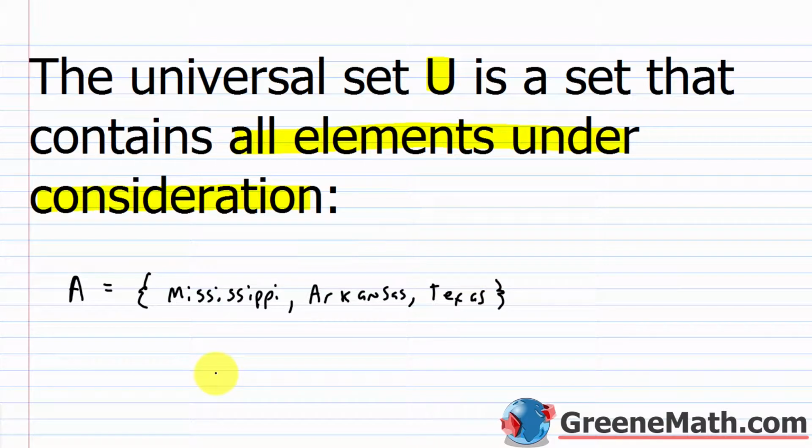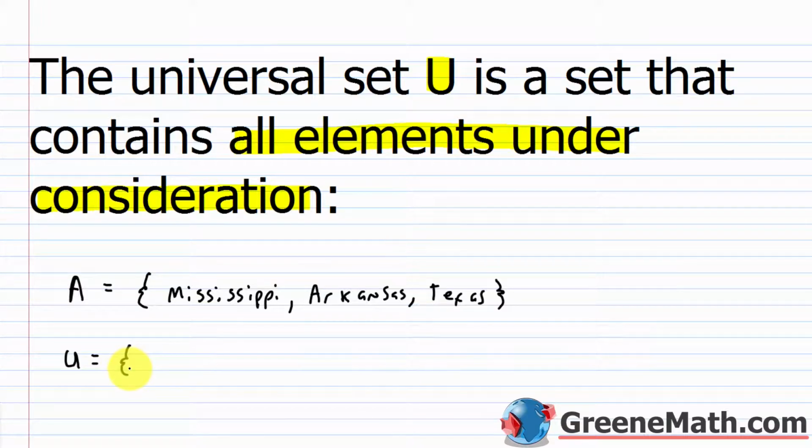But if we think about the universal set here, what are all elements under consideration? Well, we're talking about states in the United States of America. So all elements under consideration would be all of the states in the United States of America. So the universal set here would contain every state. Now, we're not going to list all of them. That would be very time-consuming.